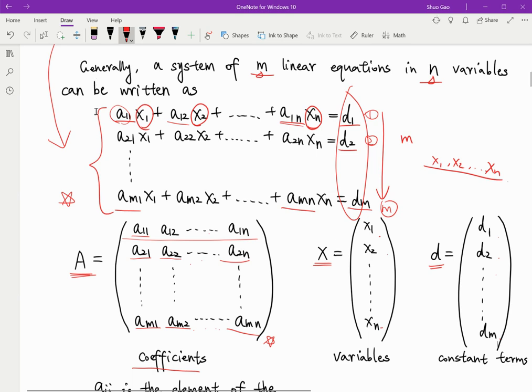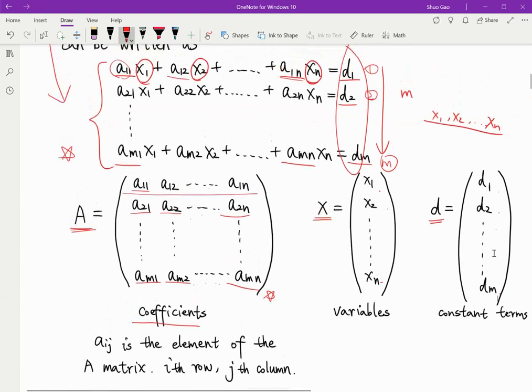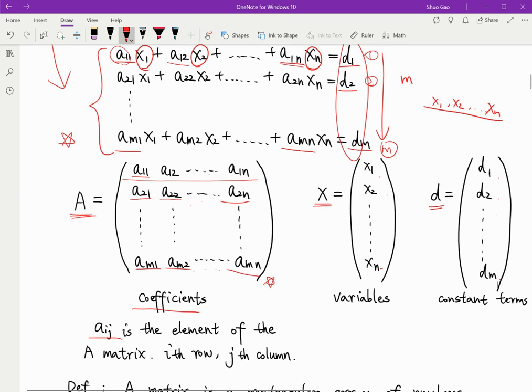So now we can transfer this whole generalized equation system into three matrices. That's coefficient matrix A, the unknown variables we need to solve, that's X, and the constant terms D. And there's a note: Aij is an element of the A matrix, right? So all the little a's here, or all the x's here, are called elements of a matrix.